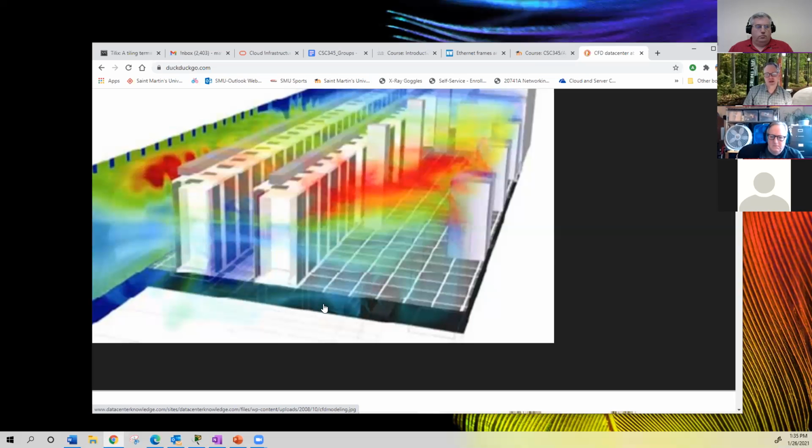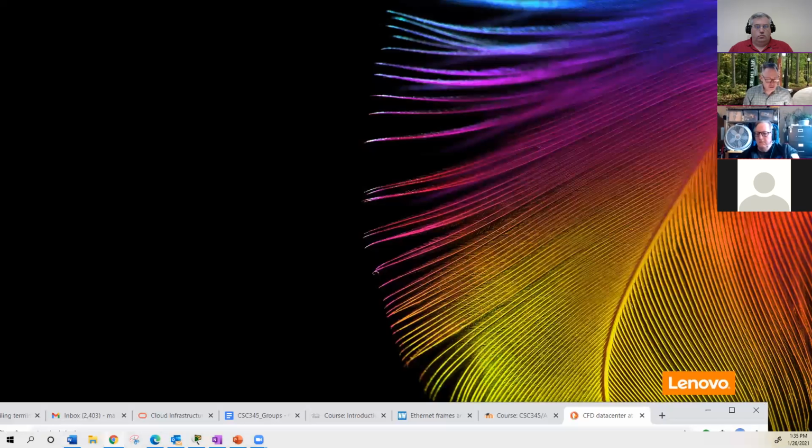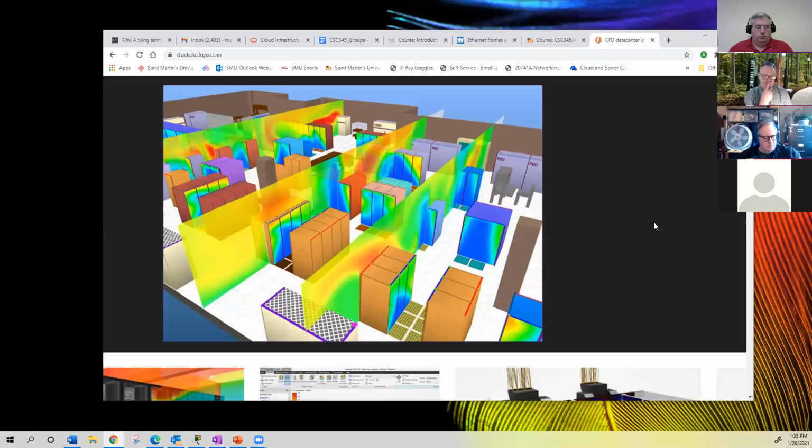Okay. Now, with the cold aisle, let me go back and unzoom that so I can see other pictures. This is the type of thing that in server rooms, you're trying to help data center companies with their data centers, make them more efficient.